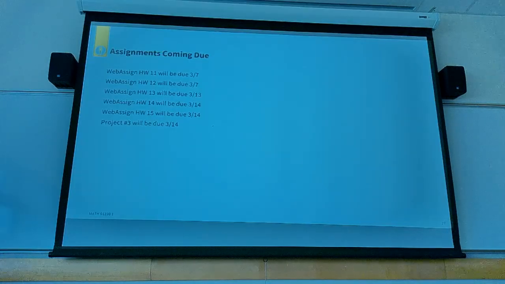That is multivariate functions. 13 is then on partial derivatives. 14 and 15 are tangent planes and chain rules. One is for chain rule, one is for tangent plane. I don't remember which one is which, though. They will be due next Friday, the 14th. Also, your project is due next Friday.